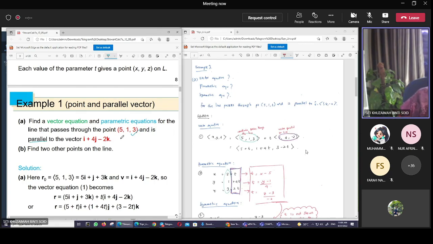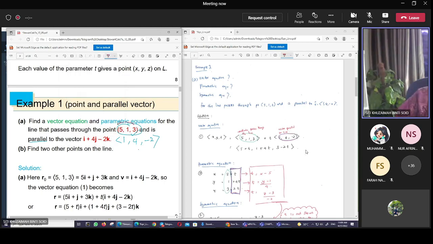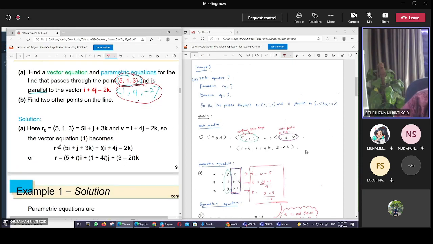These questions are very straightforward because what we need to set up an equation of a line is one coordinate and one parallel vector. We must have these two pieces of information. One is the point the line passes through, and the second is the parallel vector, (1, 4, -2). So we just substitute straight into the formula.